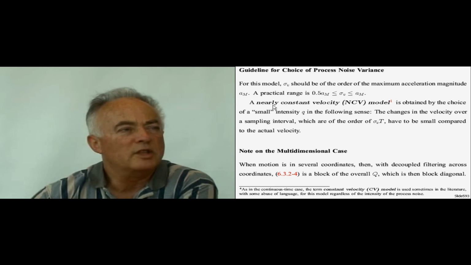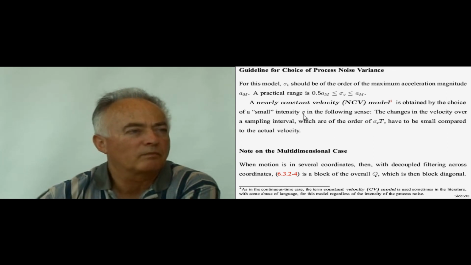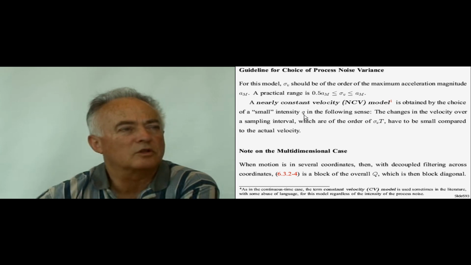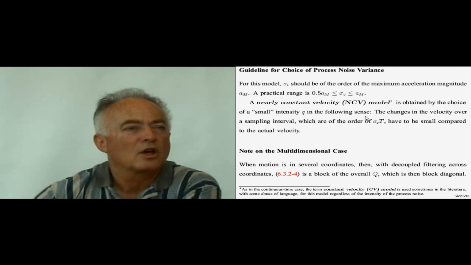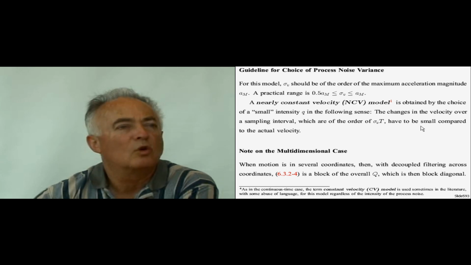A so-called nearly constant velocity model is obtained by the choice of a small intensity, in this case sigma v squared, that's the Q, in the following sense. The changes in the velocity over one sampling interval are of the order of sigma v times T. They have to be compared and found small with respect to the actual velocity.